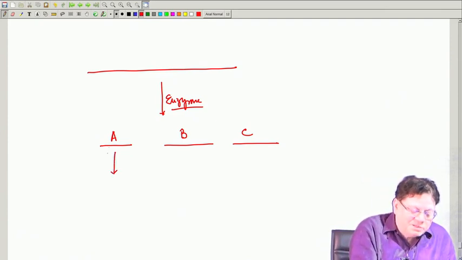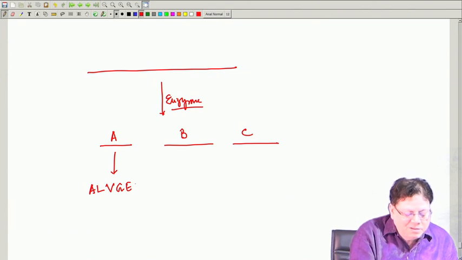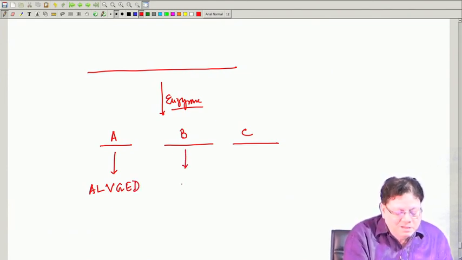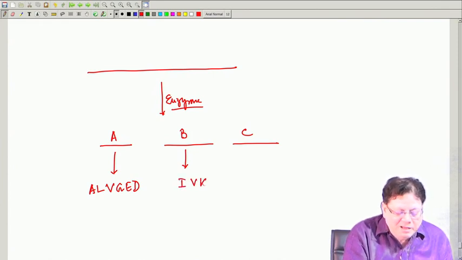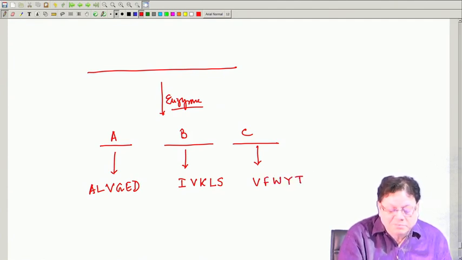Now, suppose you know the sequence of this. Say A, L, B, G, E, something arbitrary. You know the sequence of this. Suppose this is I, V, K, L, S, and the sequence of this is, say, V, F, W, Y, T. Okay.